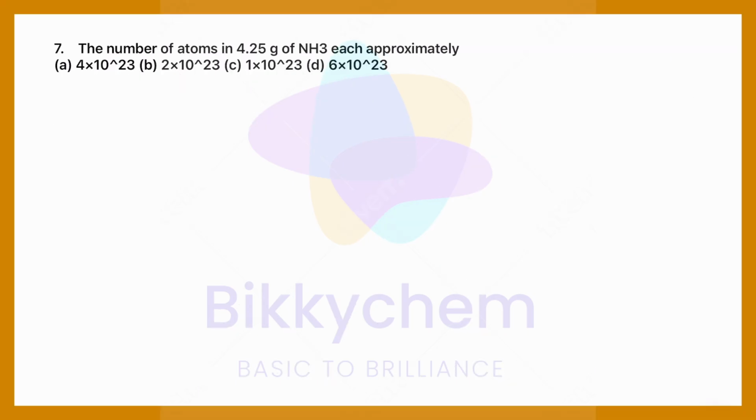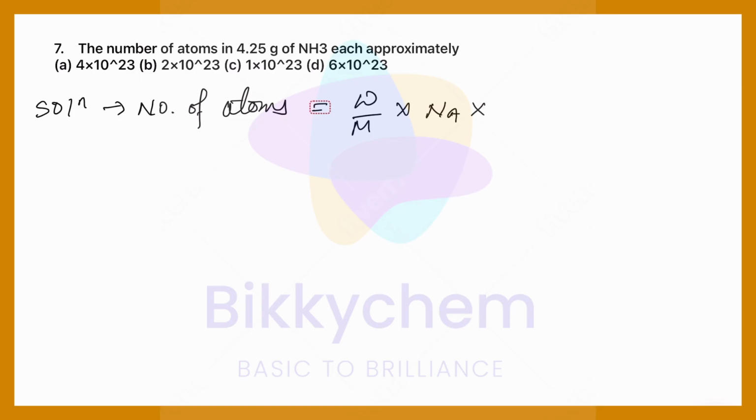Okay, dear student, let's see the next question. That is, the number of atoms in 4.25 gram of NH3 approximately. So the formula is number of atoms equals given weight by molar mass into Avogadro number into atomicity.